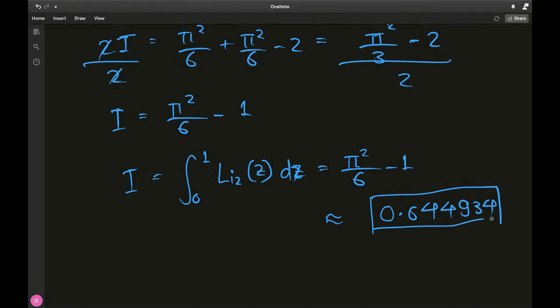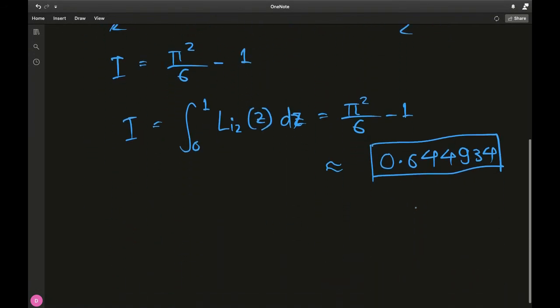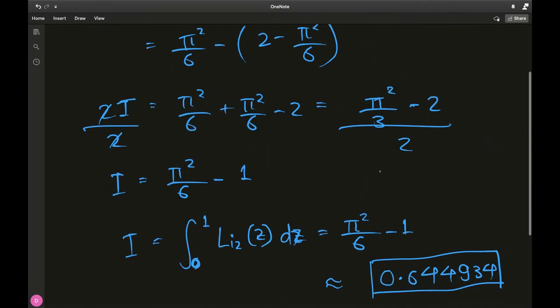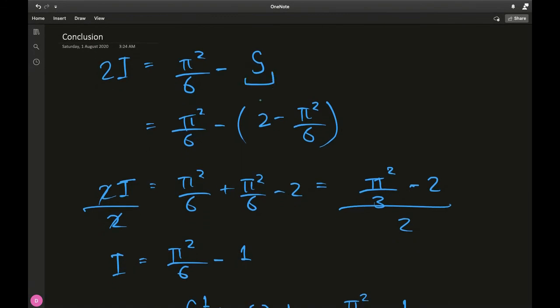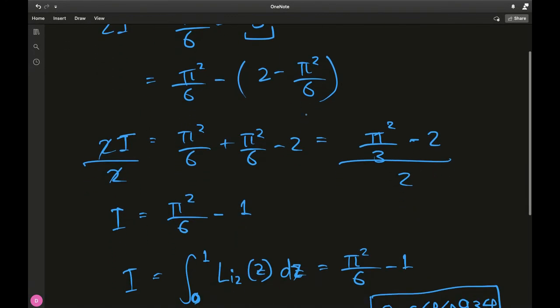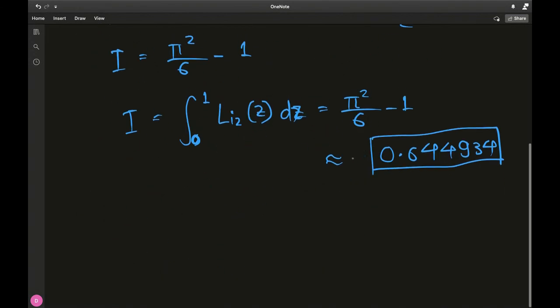Isn't that great? So however horrendous it was, we came out with this nice answer using the reflection formula and then evaluating this sum separately. Again, using the fact that this pi squared over 6 actually came from the Riemann zeta of 2. But in any case, we've solved the problem.